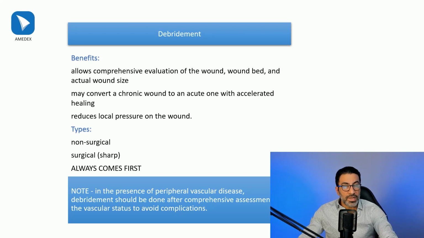If you do the debridement, you're going to be in deep trouble, so please do a full assessment of the vascular status if you suspect vascular compromise before you go ahead and do the surgical debridements. If I were you, I would refer the patients for further assessment by specialists in real life after I did some initial steps for the patient.